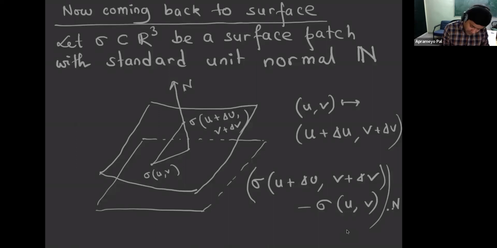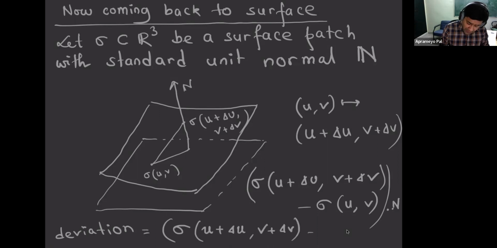So essentially the deviation is sigma(u + delta u, v + delta v) minus sigma(u,v). That's fine, right? Similar to what we did in the single variable, where we had a Taylor series expansion, now we would use the two variable Taylor expansion.